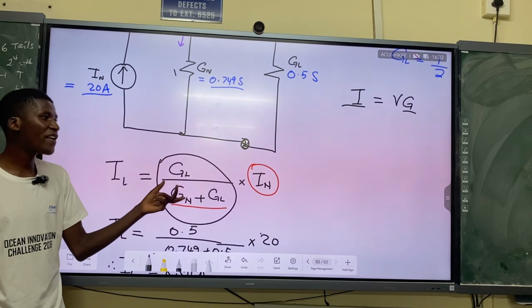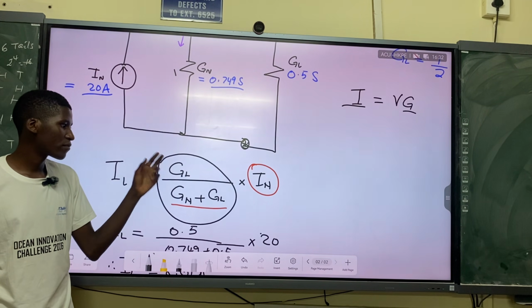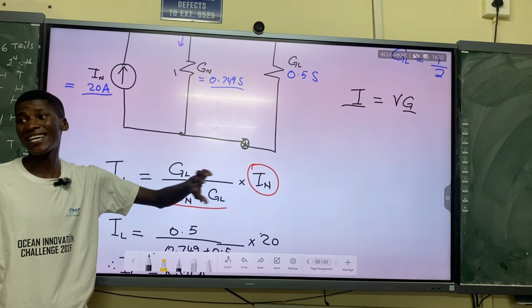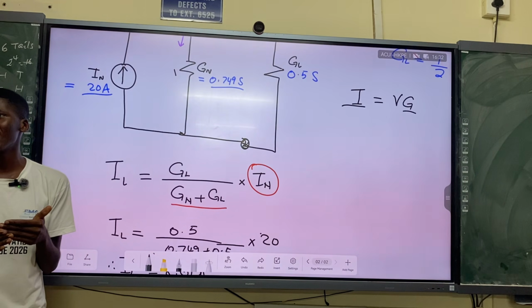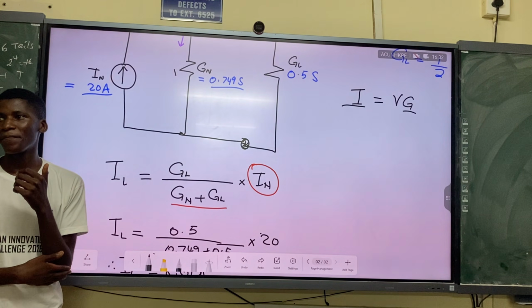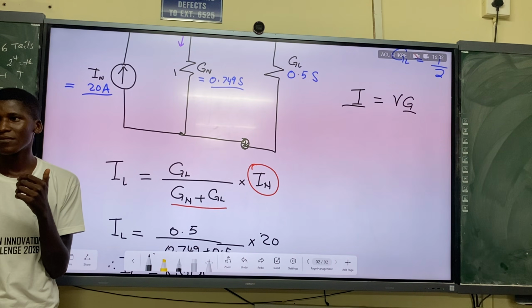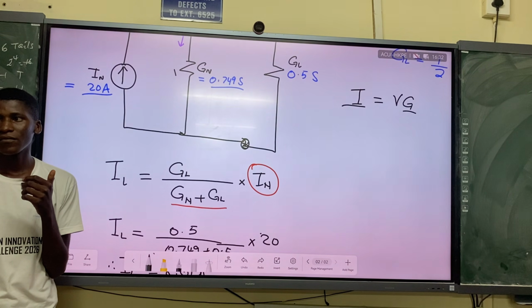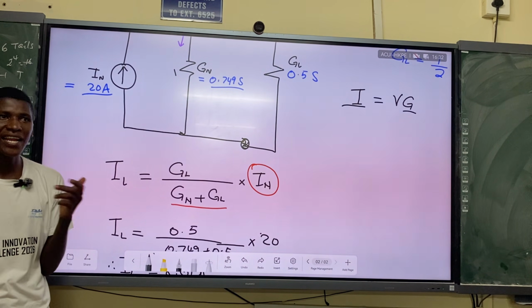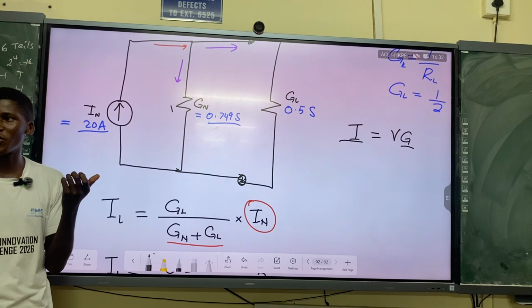Our equivalent conductance is the ratio, because we are splitting Norton's current. So make sure to convert to conductances. You can confirm your answer using resistors. It is still the same thing, but with conductances it becomes the opposite.